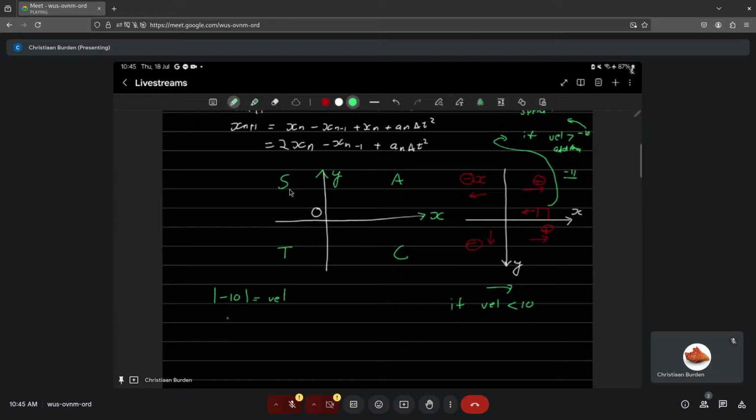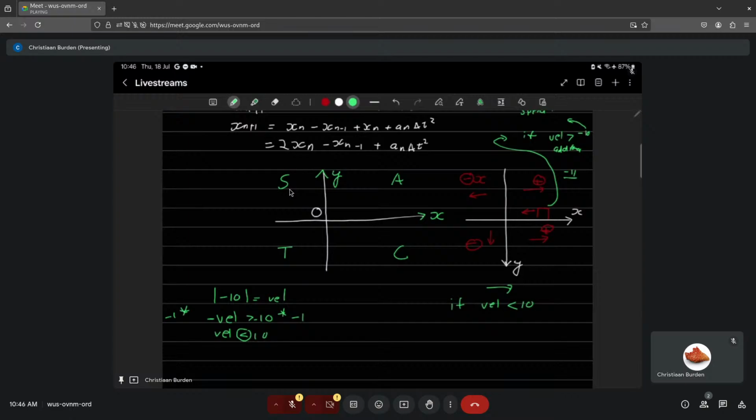This means if velocity is negative, it should be greater than minus 10. But for positive values, it's going to switch around. So if you remember from high school, if you multiply by -1 on both sides, you're going to switch around the sign.